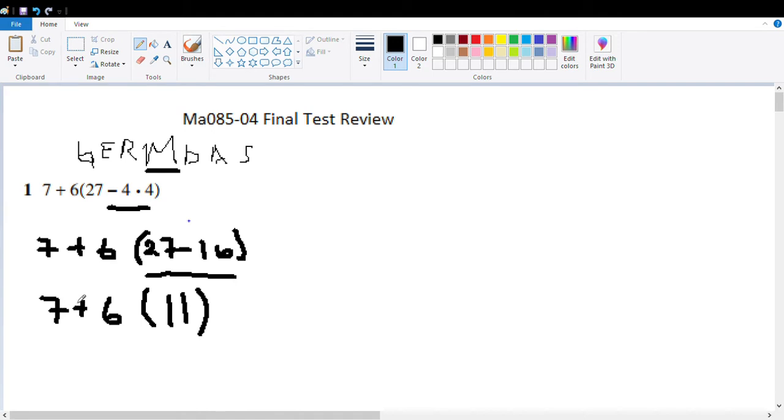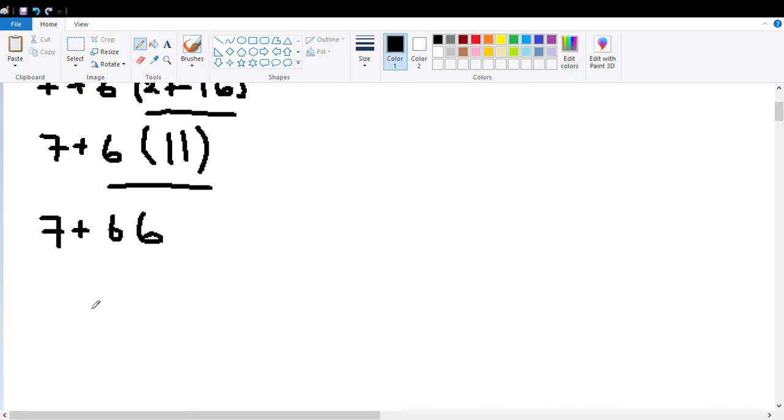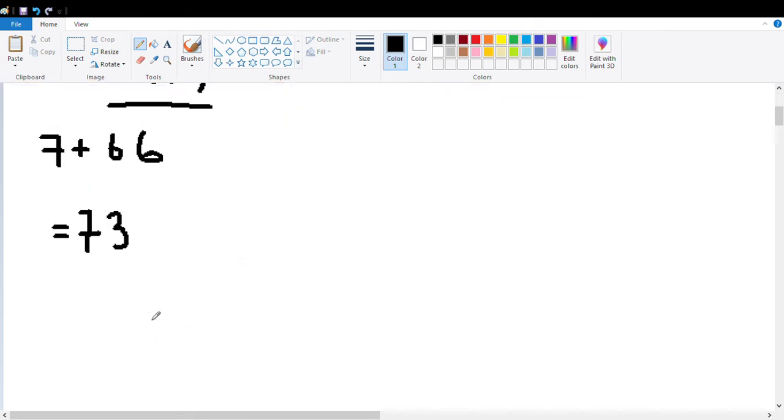So it's going to be 7 plus 6 times 11, which is our new expression. Now what do we do? Well, we do our 6 times 11, which is 66. So it's going to be 7 plus 66. And what is 7 plus 66? It's going to be 73. So that's how you do number 1.